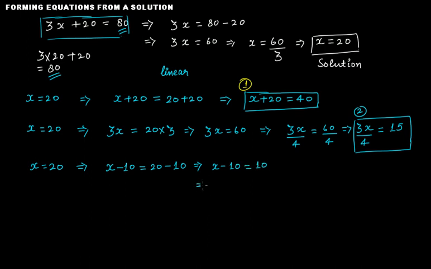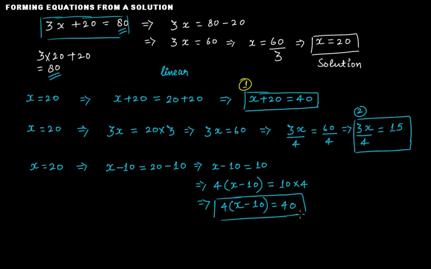Now multiply both the sides by 4. So this will be 4 times (x - 10) = 10 times 4, and this will be 4(x - 10) = 40. This is another equation.